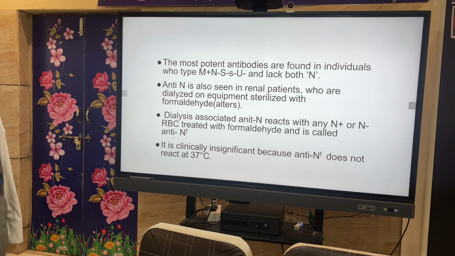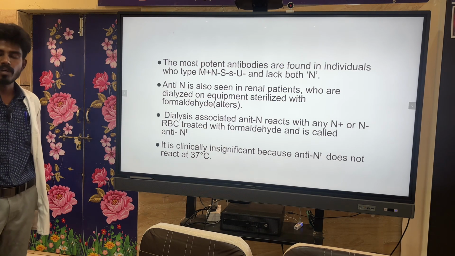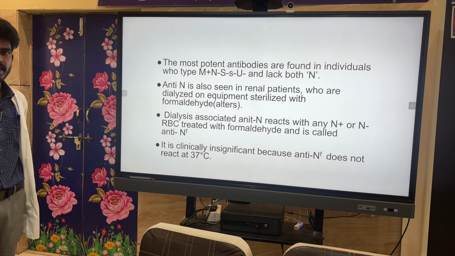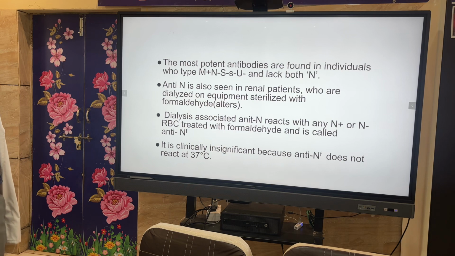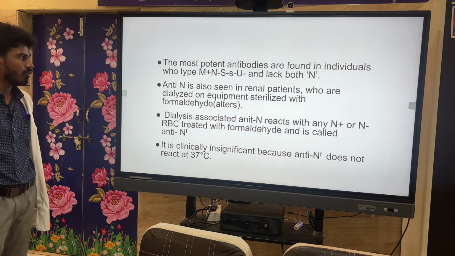The most potent antibodies are found in individuals who type M positive, N negative, capital S negative, small s negative, U antigen negative, and lack both N positive and N negative. Anti-N is also seen in renal patients who are dialyzed on equipment sterilized with formaldehyde.